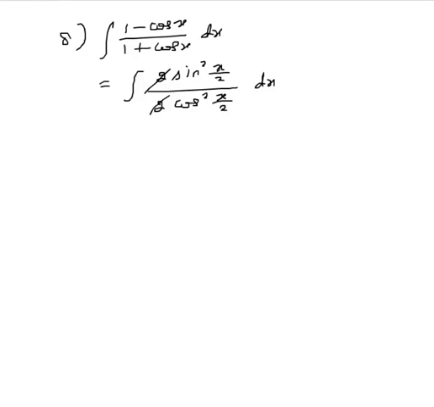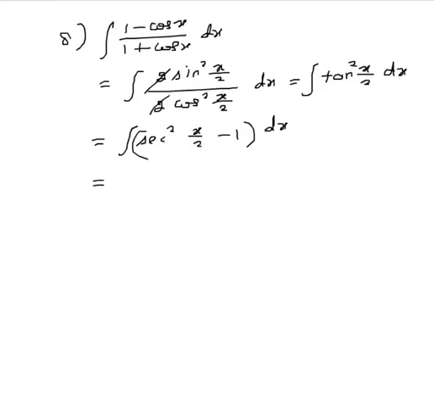Or we have a direct formula for 1 minus cos x by 1 plus cos x, which becomes tan square x by 2 dx. We don't have an integration formula for tan square, but we have for secant square. Let us use the identity. Tan square is secant square minus 1. Memorize the identities properly. Don't make mistakes in writing the identities.